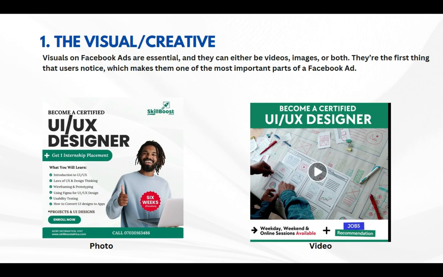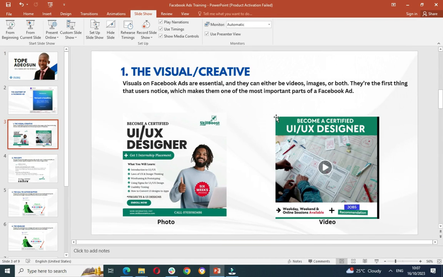They are the first thing that people notice when they come across your advert. That is why you need to invest in getting the most captivating visuals before you run your advert. Let me show you some of the things I use in doing my visuals.